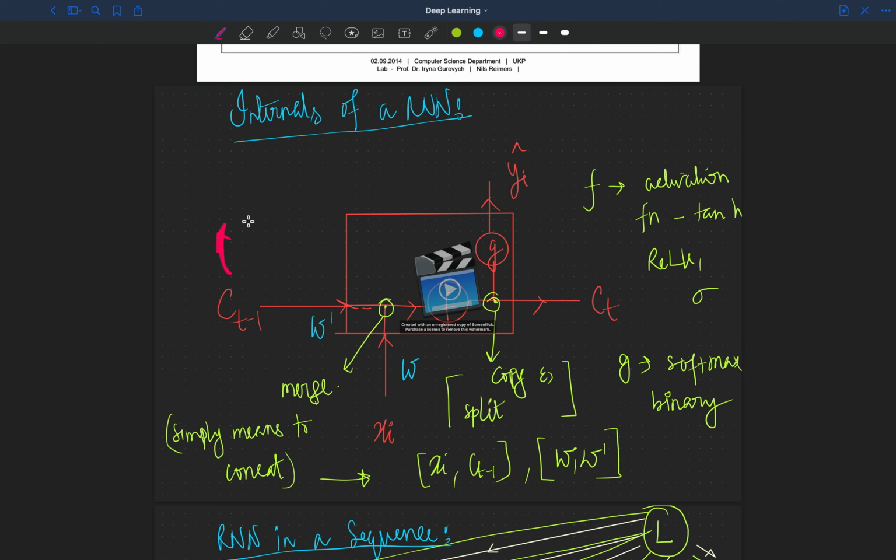So c t minus 1 is basically the output of the previous cell state. In our case, it's yesterday. If we consider this as today, then this is yesterday.